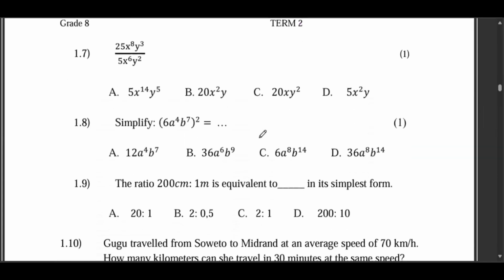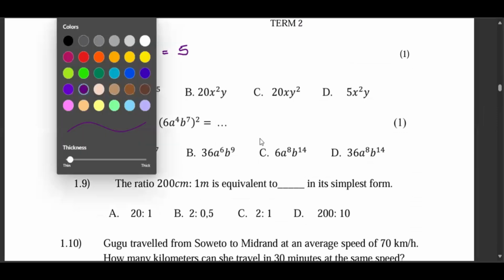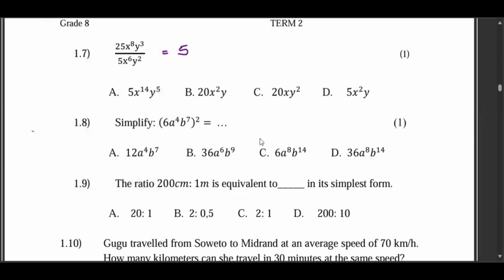1.7 takes us back to the exponent rule. Now, here we are using the quotient rule, whereby because we are dividing, 25 divided by 5, you get 5.